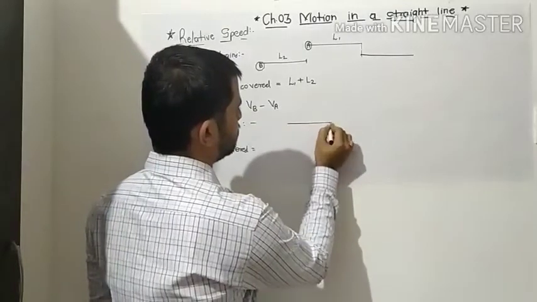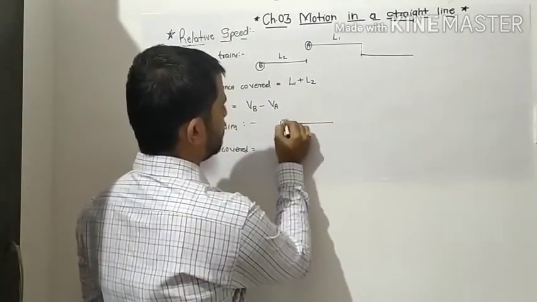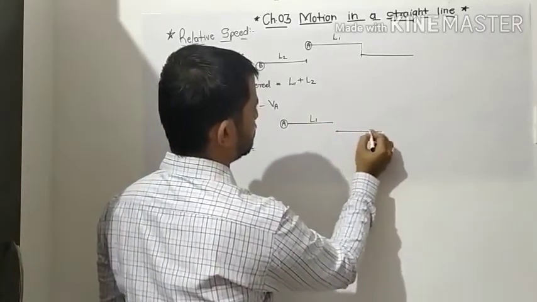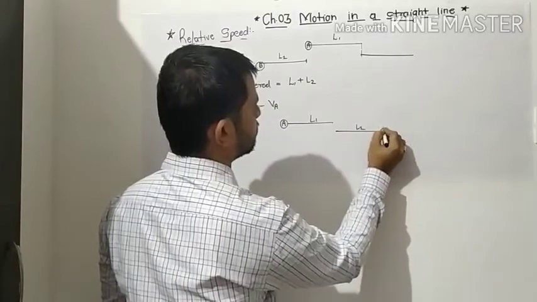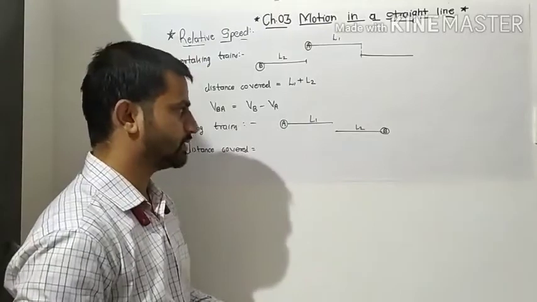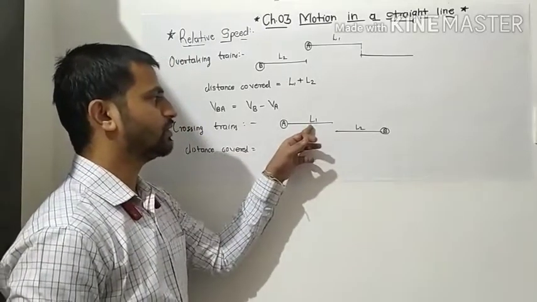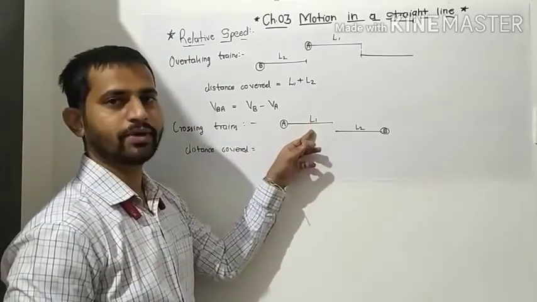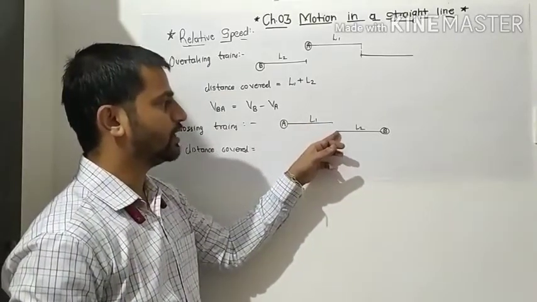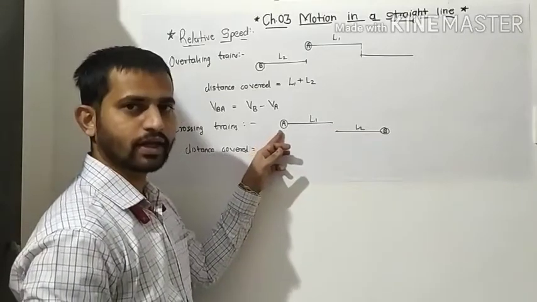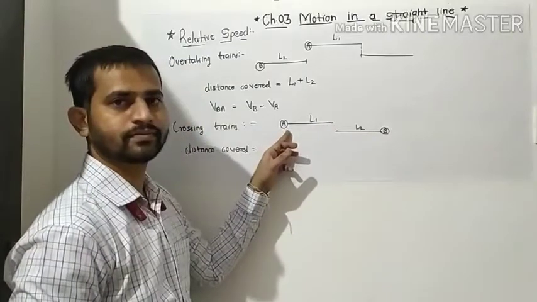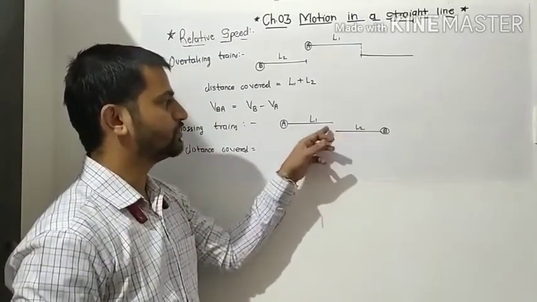Suppose this is the length of train A, and another train is coming from this side, this is the length of train B. Then when this train crosses this train, what will happen? First of all, this point of the train has to cover this much distance, and again all the length of the train has to cover this much distance.